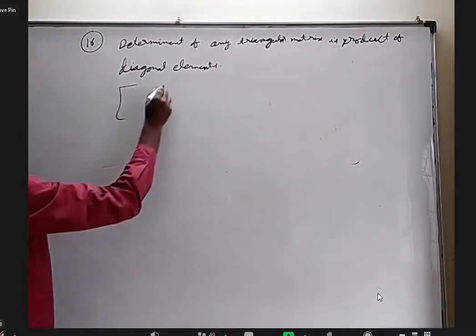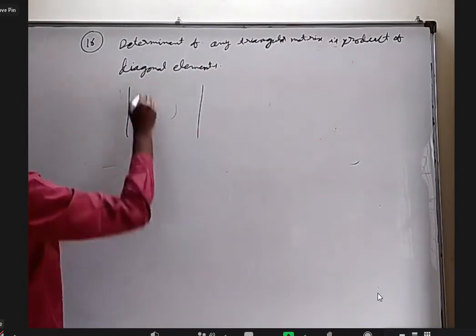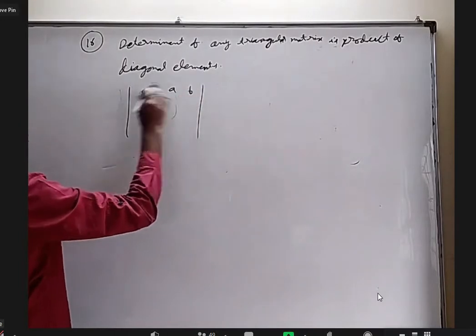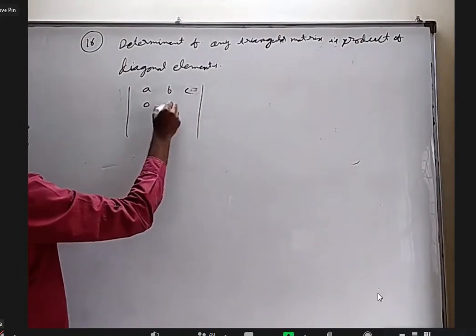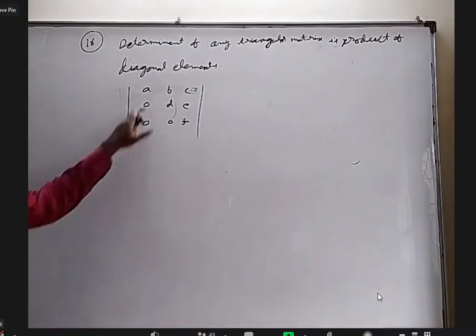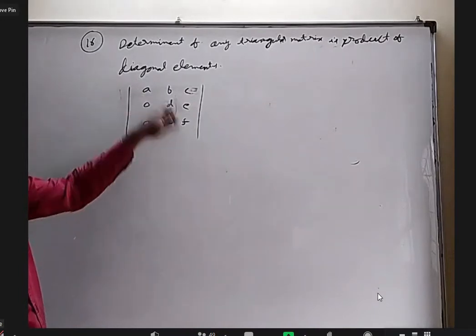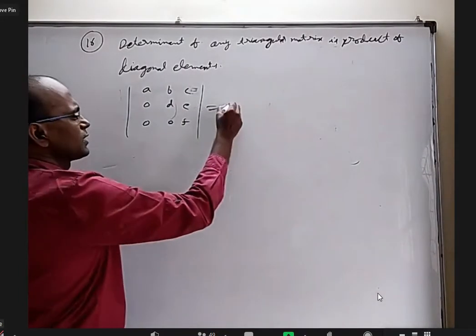For example, if I have a 3 by 3 determinant, let us say A, B, C, 0, D, E, 0, 0, F. These three are 0, so we say this is an upper triangular matrix. This B, C doesn't play any role. Directly A, D, F is the determinant.